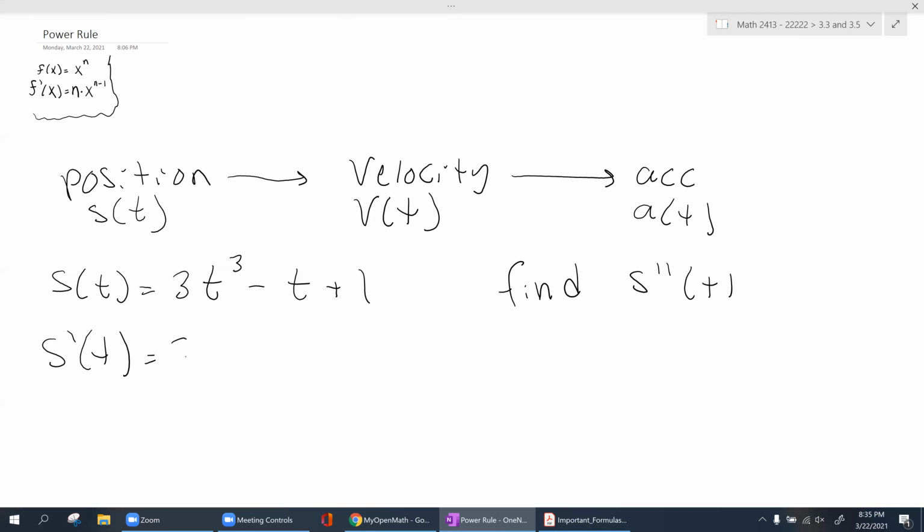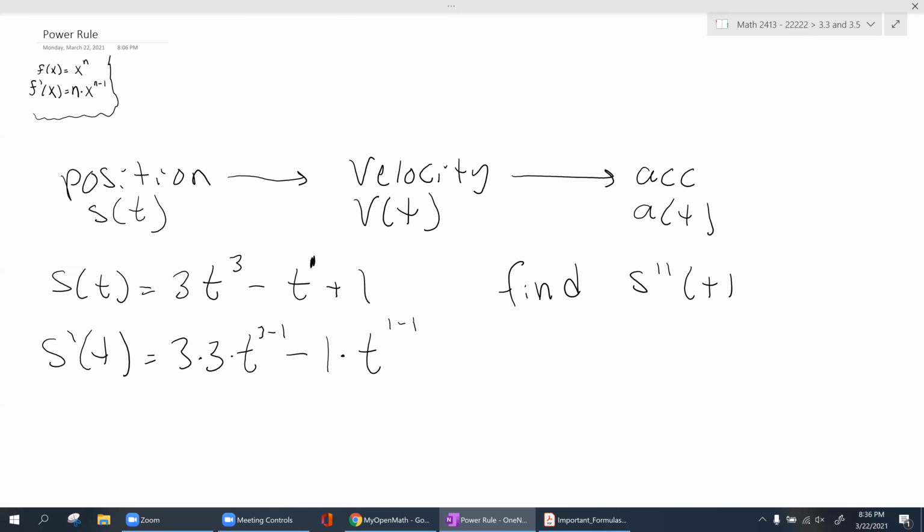This is going to be 3 times 3 times t to the 3 minus 1, minus... you might be saying, what do I do with variables that only have one letter? There's a 1 at the top, I know that's a 1. So the 1 comes to the front: 1 times t raised to the 1 minus 1.